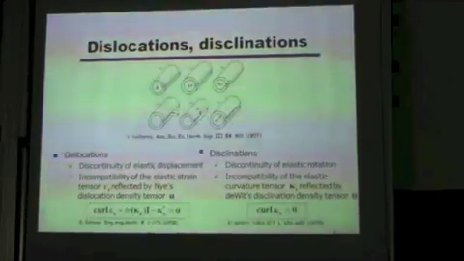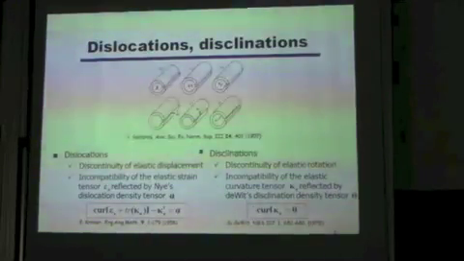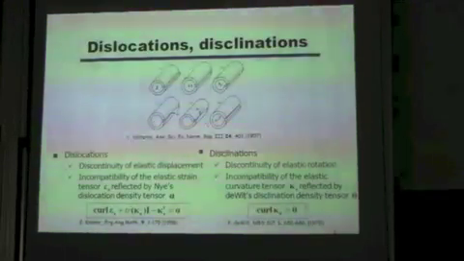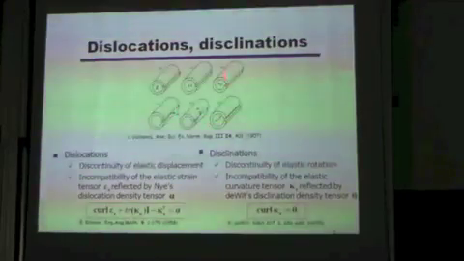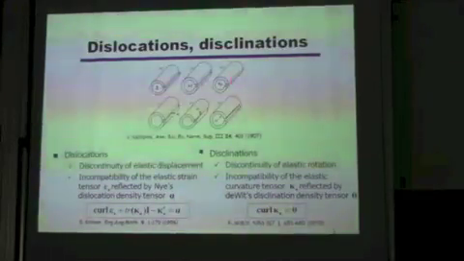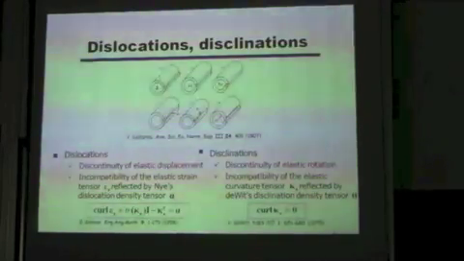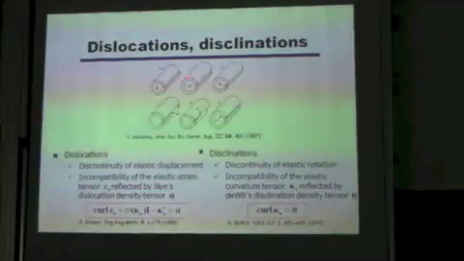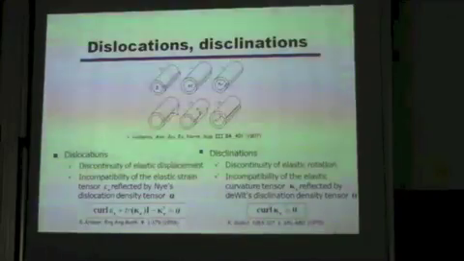And here is what happens when you cut the cylinder along a plane that terminates along the axis. So when there is a translation of one surface of the cut with respect to the other, the defect is a dislocation. So this one is a screw dislocation because the Burgers vector is aligned with the line vector of the dislocation, and these two are edge dislocations where the Burgers vector is normal to the line of the defect.